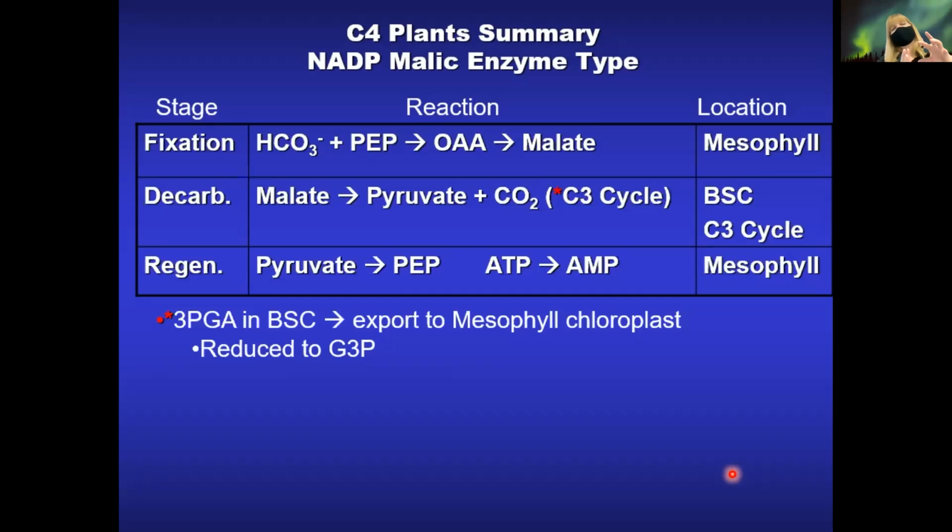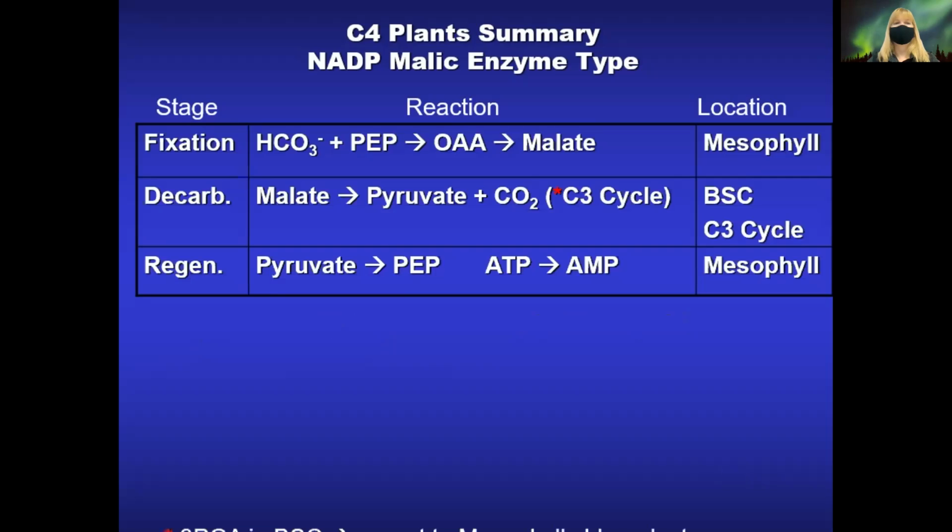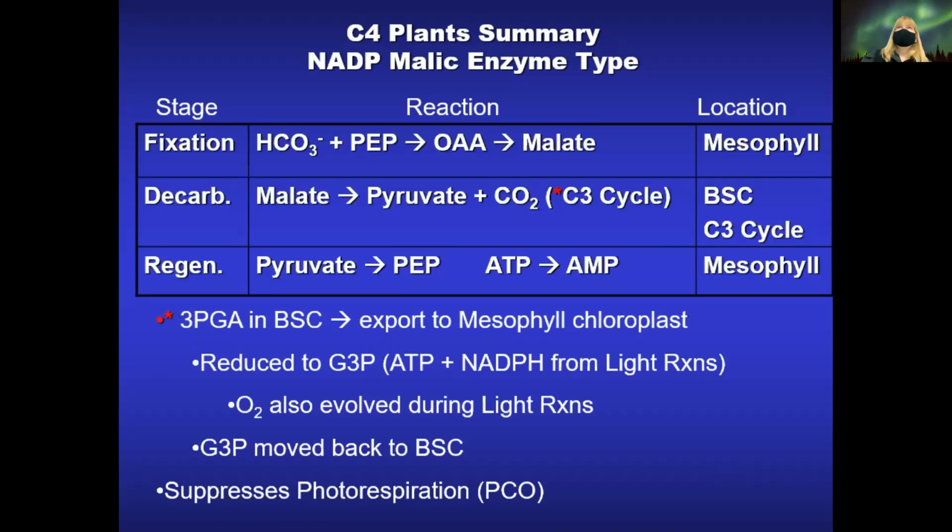If you shift and do the reduction phase of the C3 cycle away from Rubisco, shift it over to the mesophyll cells, let the mesophyll cells take care of that part, and that's fine. And then once that part is done, you can bring the G3P back into the bundle sheath cell and finish the Calvin cycle.